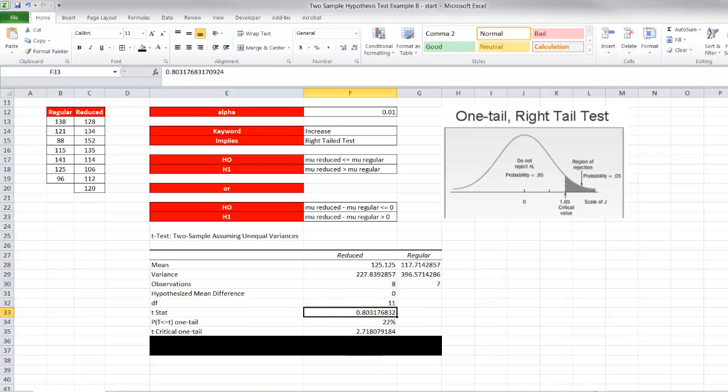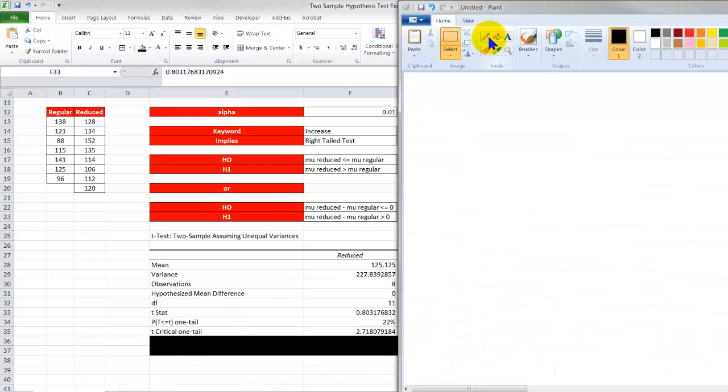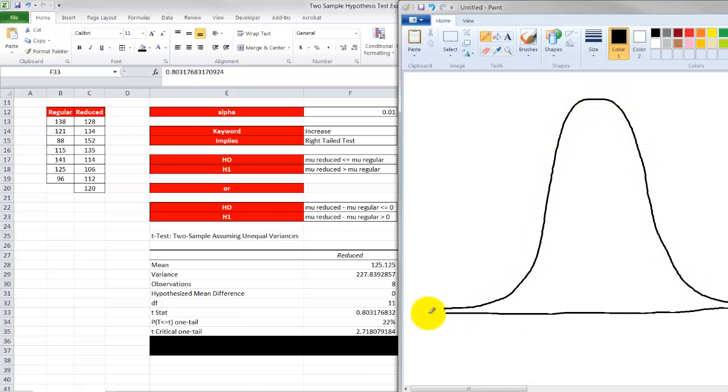So if we were to draw this out, let's go ahead and do that. We would have a distribution that looks like this. We have some sort of center. We're testing the right, so we'd expect positive values for the t-stat and t-critical.